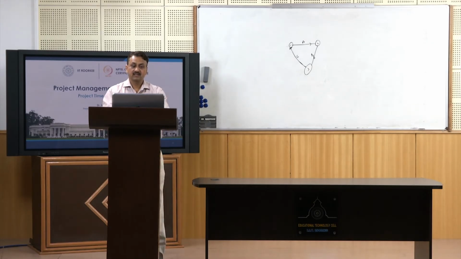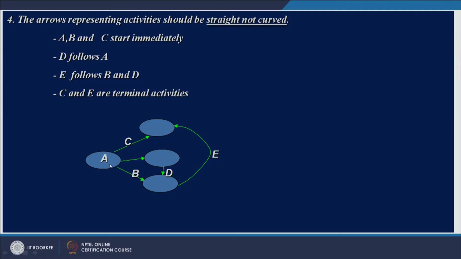Let us say A, B and C start immediately. This is A, this is B and this is C. It is up to you; you could have used this as A, B and C, not a problem. E follows B and D. So, this is activity B, this is activity D, and E is following them.